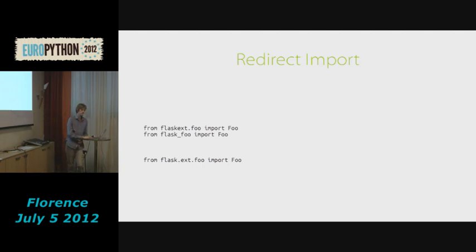So if you have a Flask extension, you can generally just use flask.ext, name of the extension, and the import will succeed, no matter which distribution model is picked. Since 0.9. The redirect import has been there since 0.7, I think. For a while already. I think it's somewhere last year.